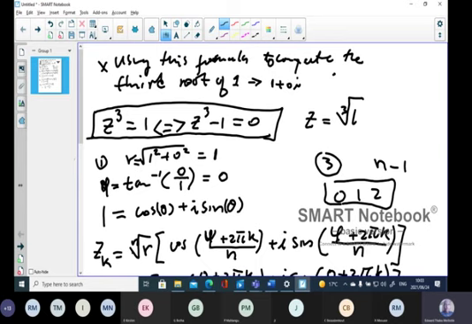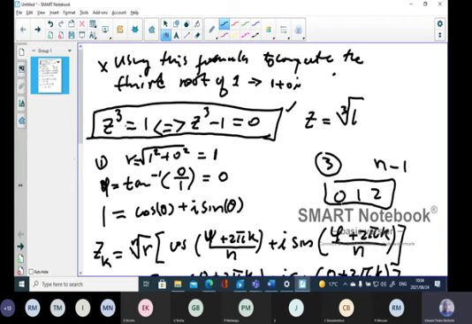Most students make a mistake of just giving one solution, which is 1. If you do that, you'll just get 1 mark out of probably 4 marks. If you rewrite, this is just algebra here. There's nothing complicated.